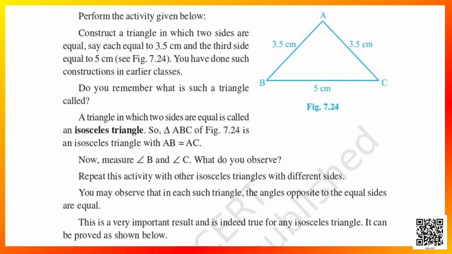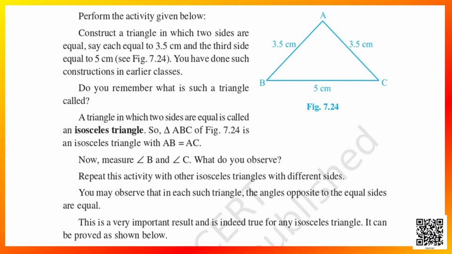Cut out the triangle from the sheet of paper and fold it along AD so that vertex C falls on vertex B. What can you say about sides AC and AB? Observe that AC covers AB completely. So AC is equal to AB. Repeat this activity with some more triangles. Each time you will observe that the sides opposite to equal angles are equal.